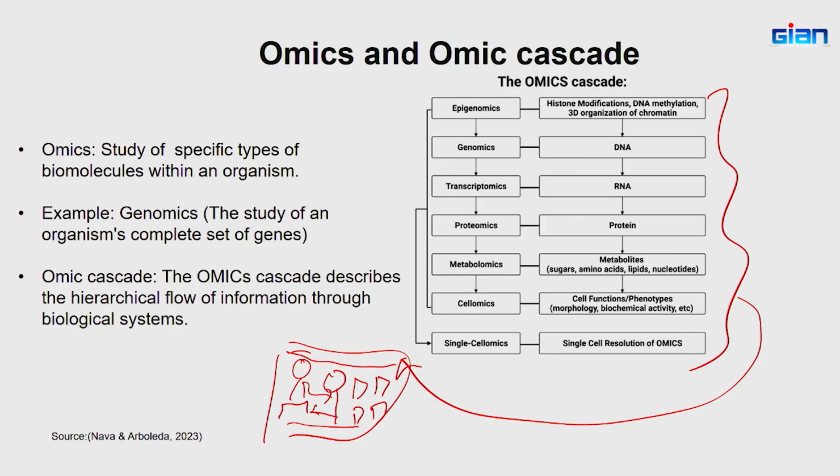And this particular cascade is basically your flow of information through the biological systems. It gives you the hierarchy of how things go through. So, you have your histone modification, DNA methylation, 3D organization of chromatin that goes into DNA, the DNA gives you RNA, RNA gives you protein, protein gives you metabolites, metabolites give you cell functions and the phenotypes, and then you are getting back.